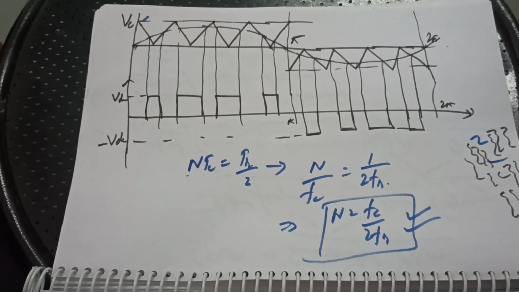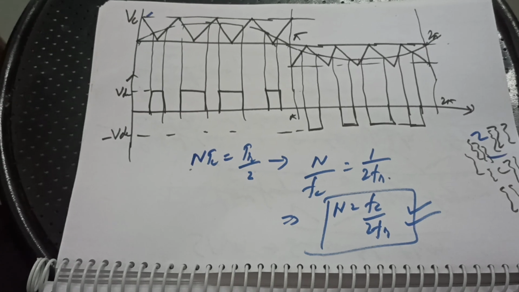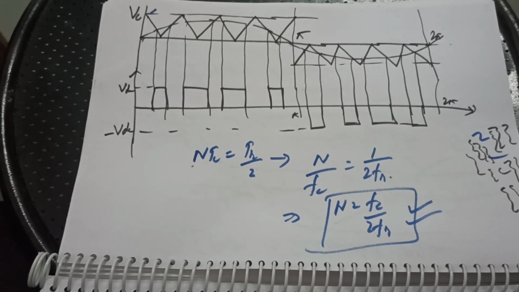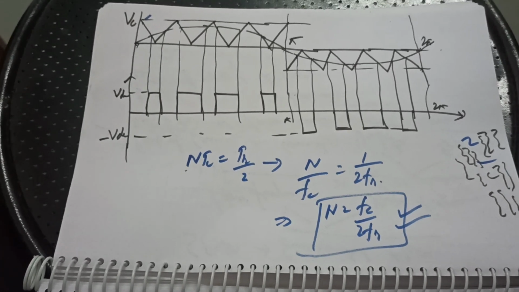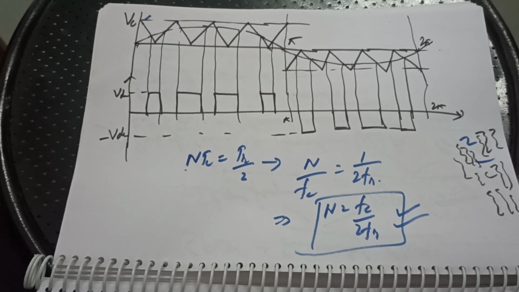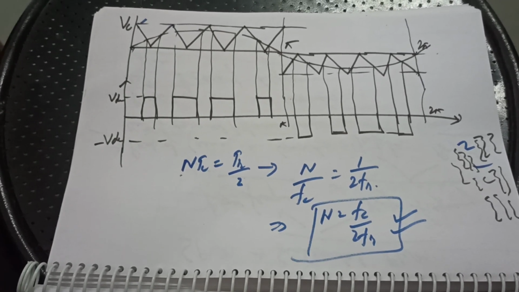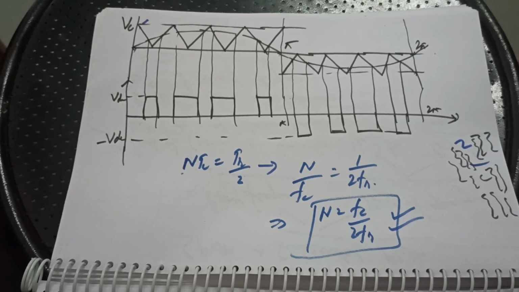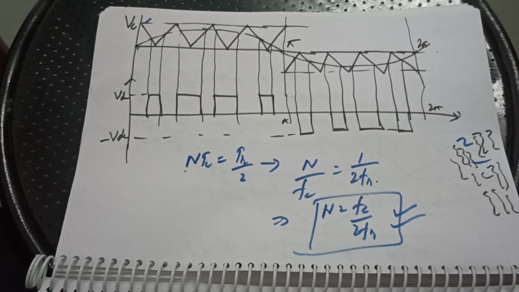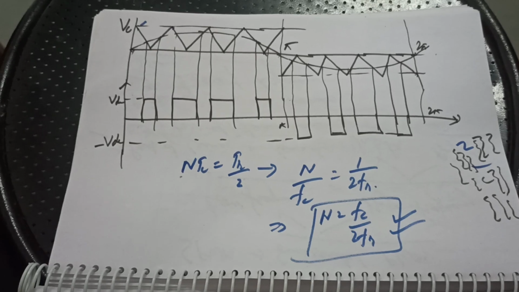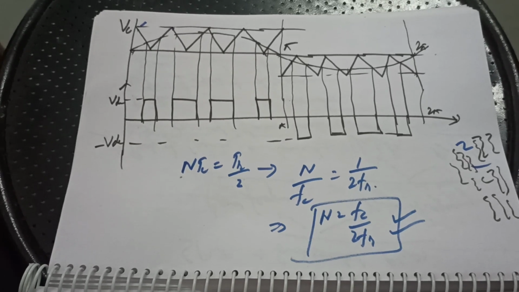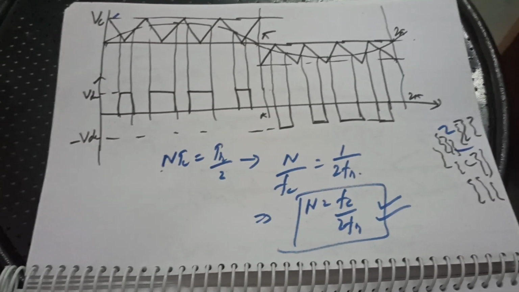And the number of pulses is also 4. So I can write 4 into Tc equals Tr by 2. Are you getting it? Yes, this is quite clear. So it becomes N upon Fc equals this thing. I think this is very clear.